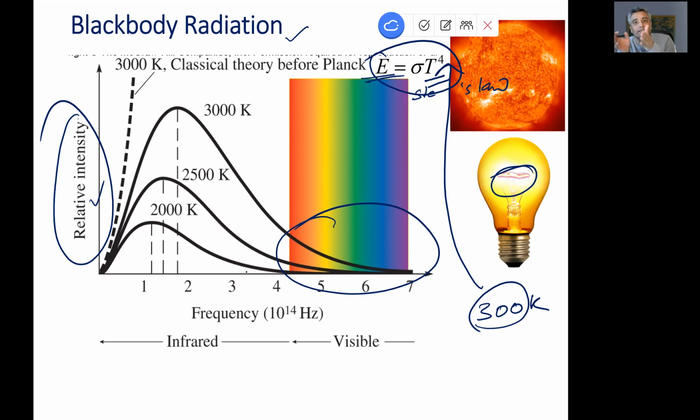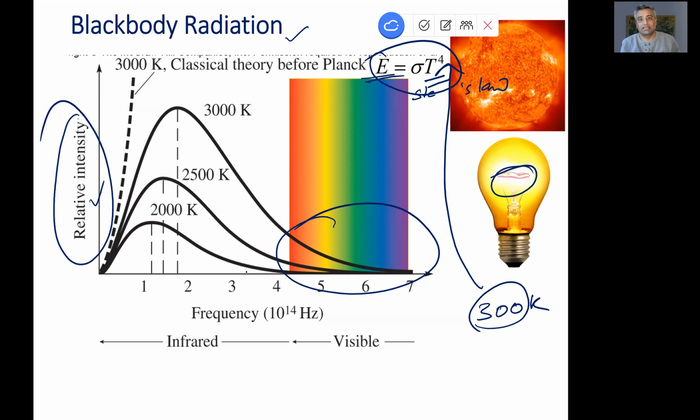And any lower frequency, for example, radio wave, remember we talked about the spectrum. So radio wave and the infrared wave, heat wave, we cannot see them. So our body is emitting warm heat, right?